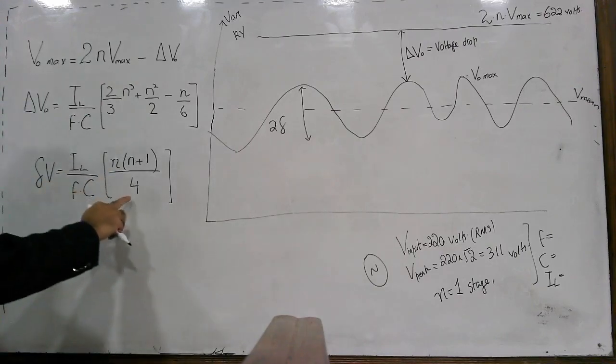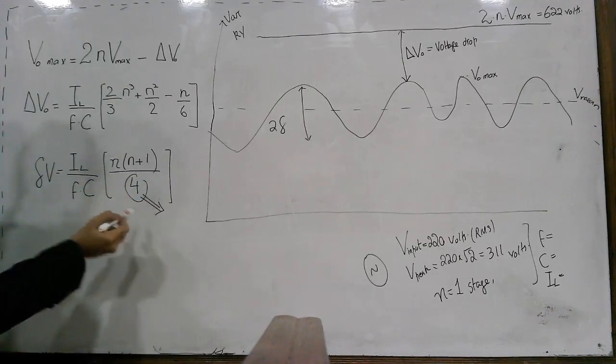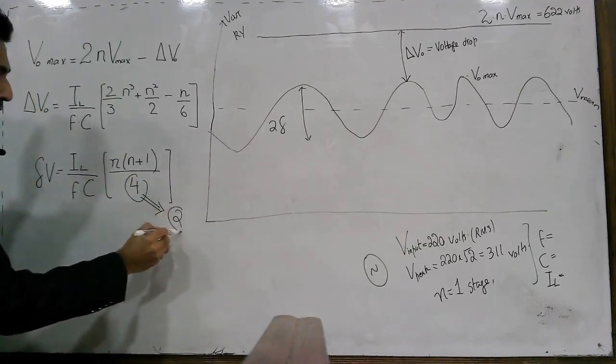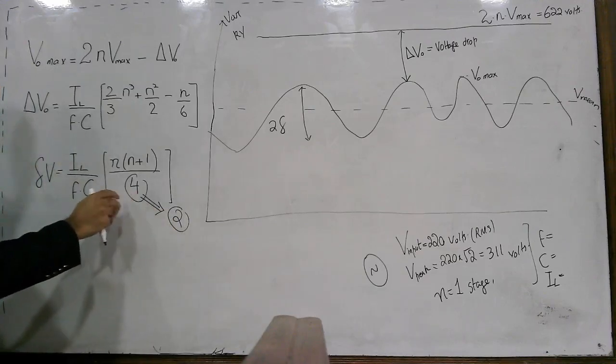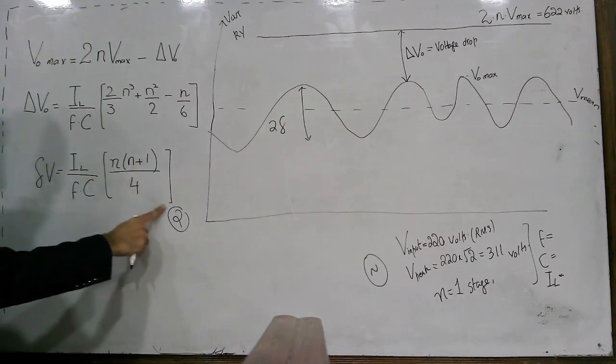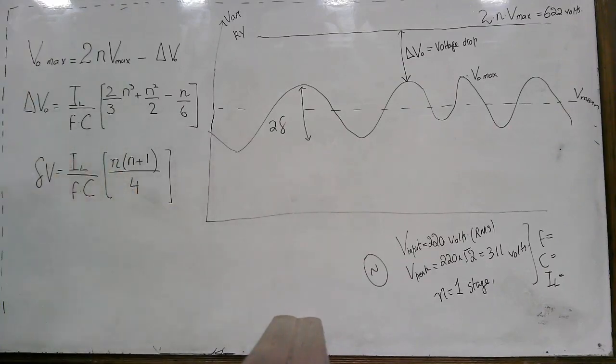Now in some literature, instead of 4, when they derive this equation by taking another type of assumption, this can be 2, but in most of the literature this 4 is taken in the denominator. So you will keep this equation in your notes for further reference.